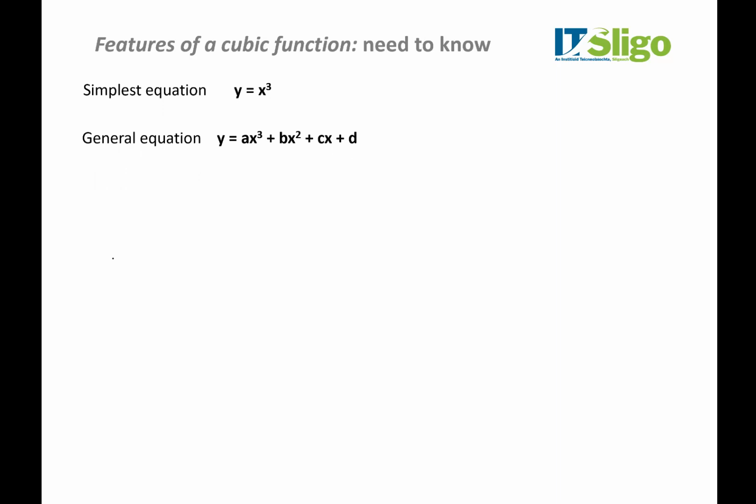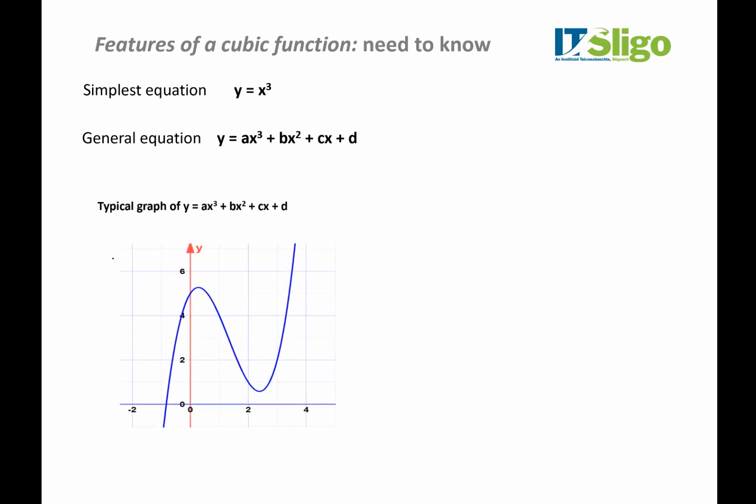So cubic functions, simplest equation. We looked at some of these in the previous lecture, just as a quick overview. Typical graph, or if it's a simple function, the curve looks more like that. No, that's not right, sorry.